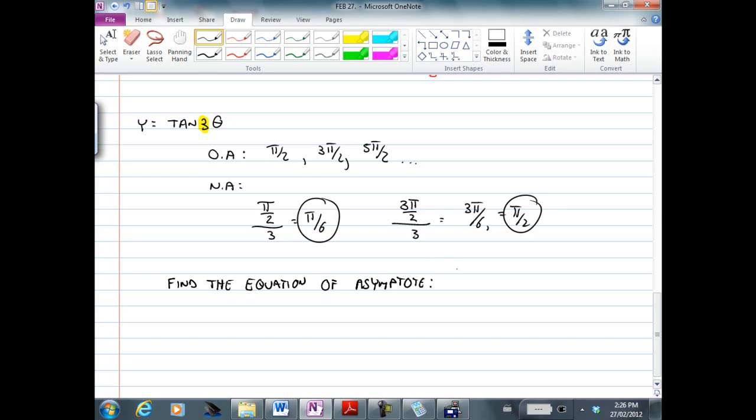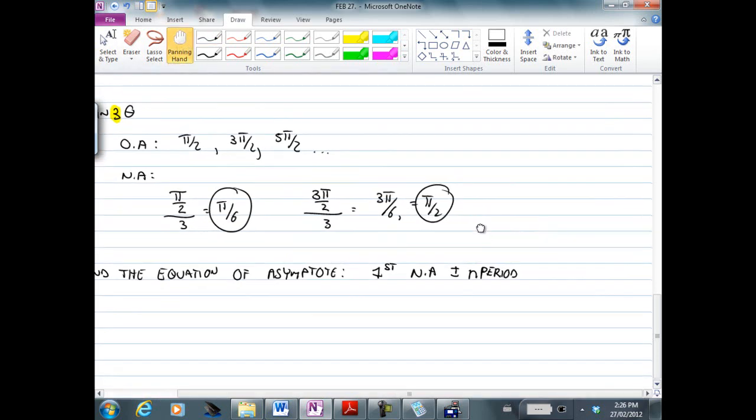Here's the equation: it's your first asymptote, I should say first new asymptote, plus or minus N period. Notice this is different from secant and cosecant. I don't divide the period by 2 anymore, because it's just N period.